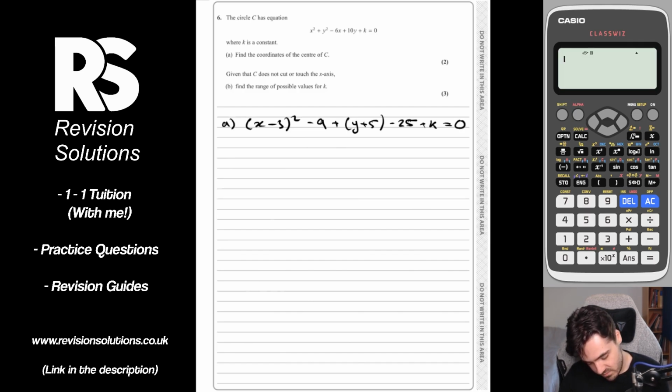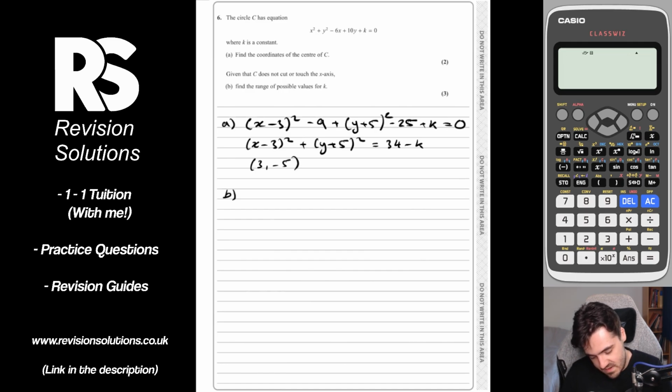If we tidy up a little bit, just for later, x minus 3 squared, and then y plus 5 squared is going to equal 34 minus k. So reading off from these two numbers, we know the centre of the circle would be 3, minus 5.